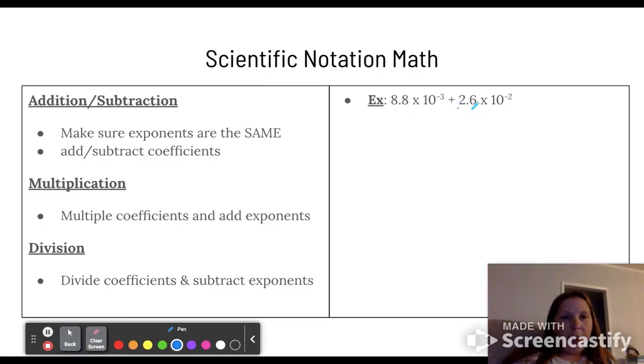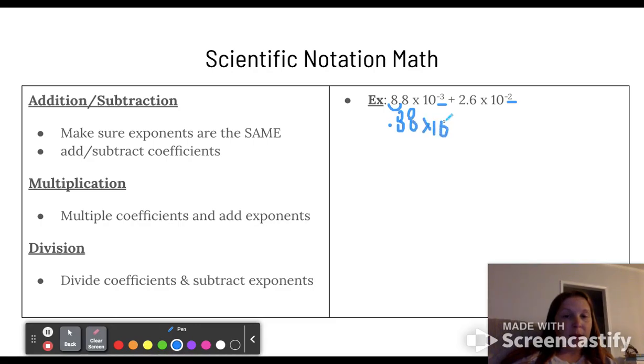So we're going to add these up, but as you can tell, our exponents are not the same. They are not the same. So what we're going to do is move this dot to the front, and we're going to make this 0.88 times 10 to the negative second.